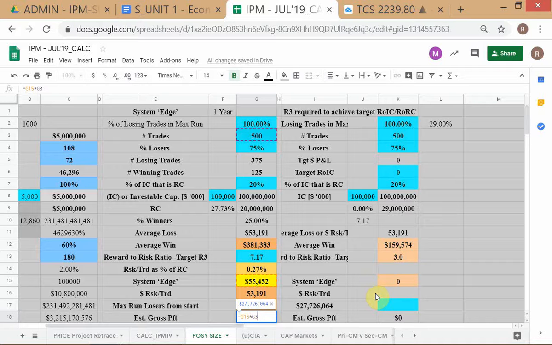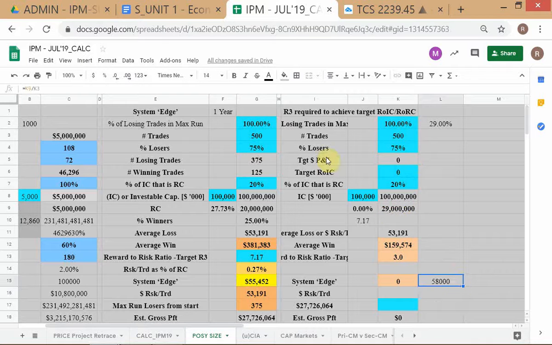Number of trades is known, so system edge has to be 29 million divided by number of trades. Are you following so far? Because system edge times number of trades must be equal to 29 million, system edge must be equal to 29 million divided by number of trades.